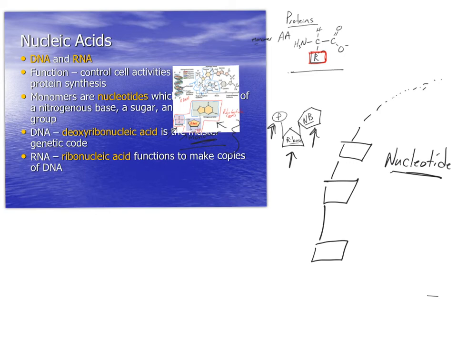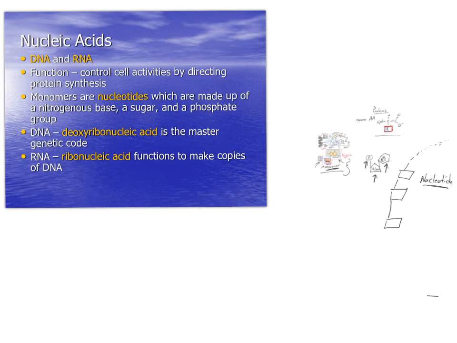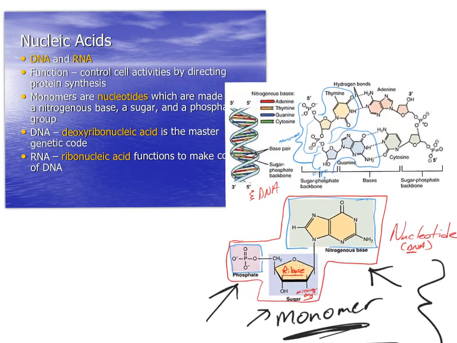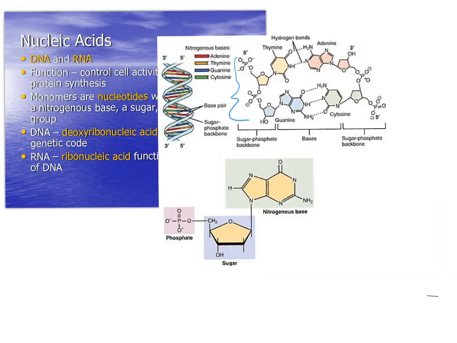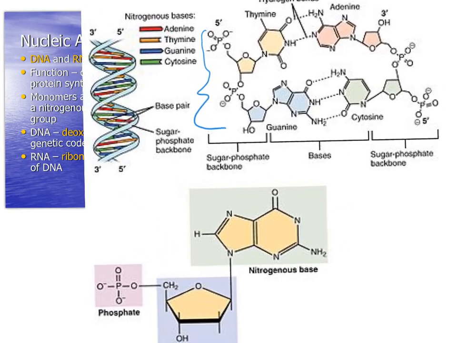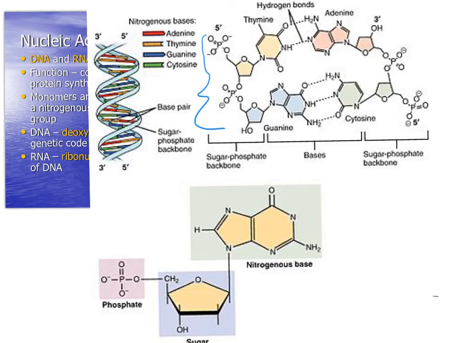Okay, so let's take a look at this diagram again. I think we can understand it a little bit better now. If you see the monomer down here, the three parts make one monomer. Here again you have one monomer, then another monomer, and that's what these rods represent.